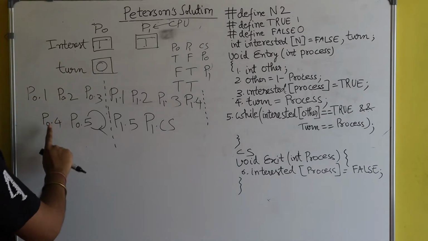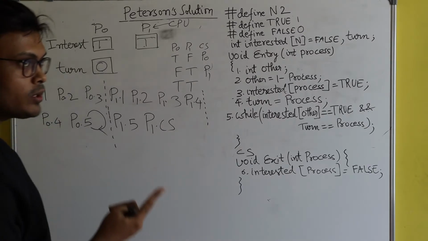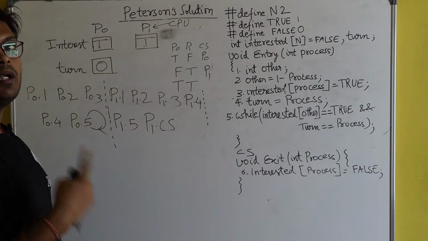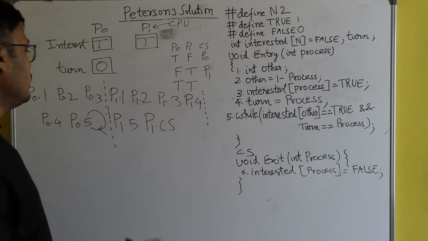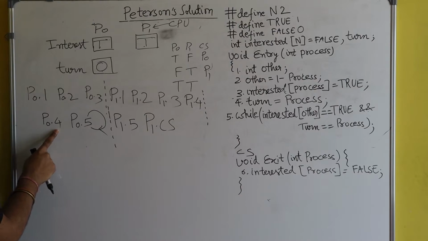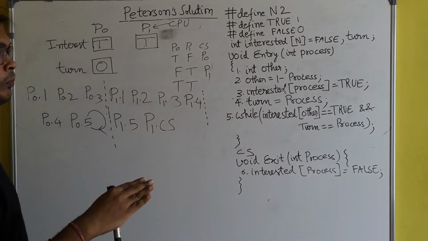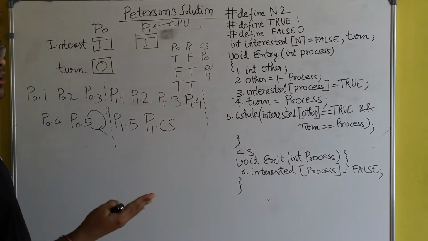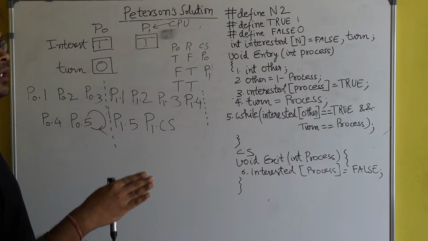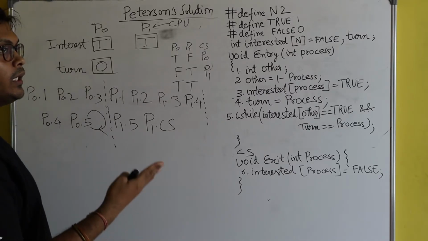So it means the process which sets the turn variable last will have to wait. So here P0 set the turn variable last. So before P0, some process might have set the turn value.